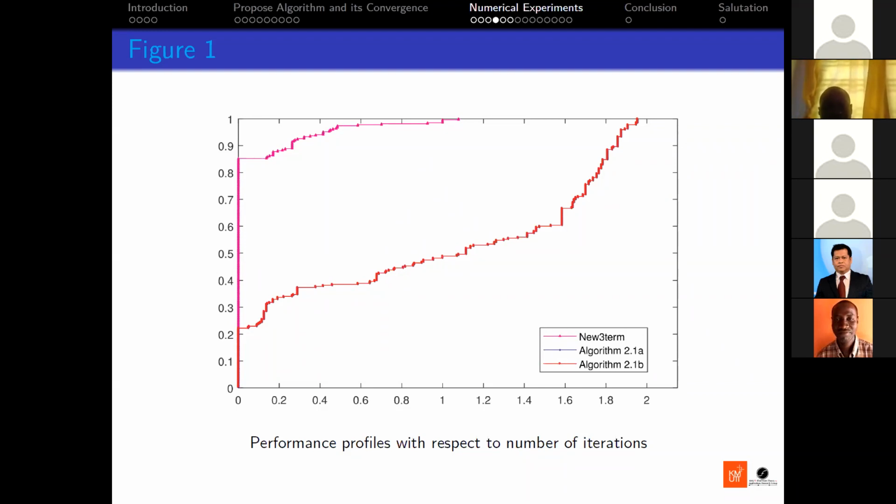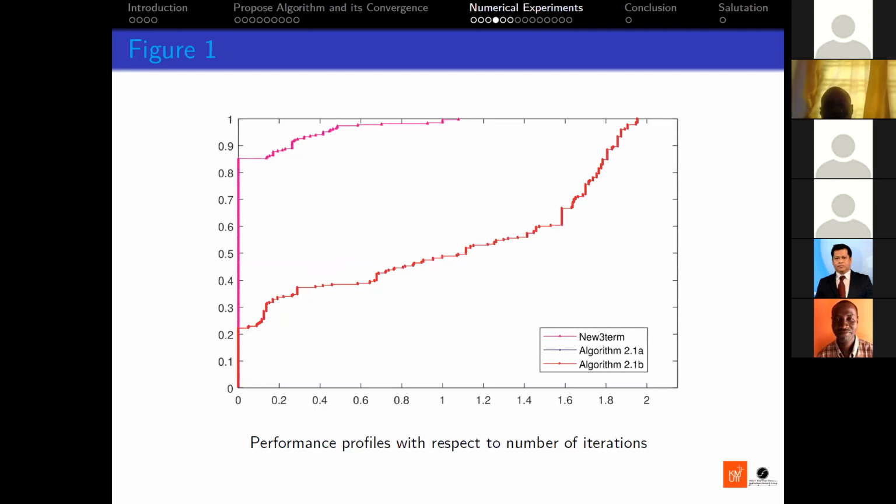In this graph, the metric we consider is the number of iterations. So we want to know which of the three solvers has the least number of iterations for the problems considered.